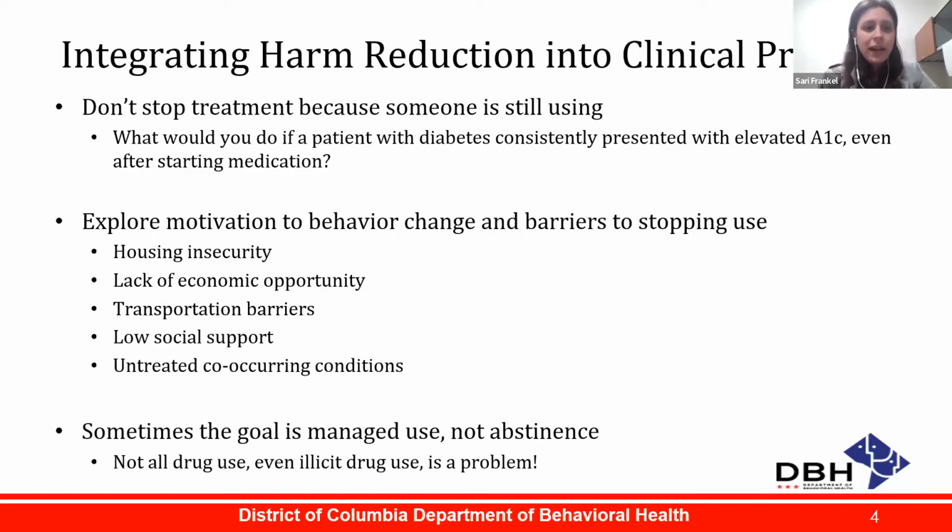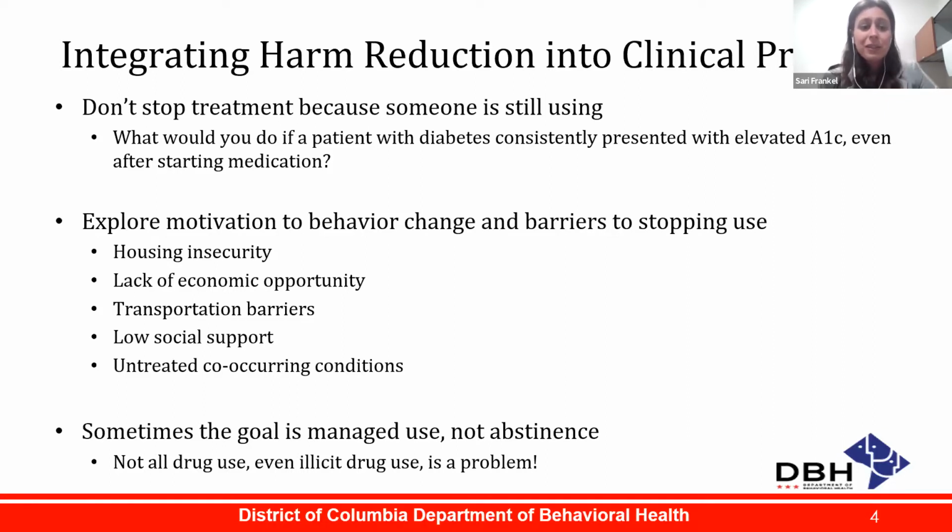So on a very high level, when we think about integrating harm reduction into clinical practices, substance use tends to be viewed as a very all or nothing thing. And it's the only condition where if somebody is not quote unquote successful in treatment, sometimes we stop treatment, which is kind of wild if you think about it, right?